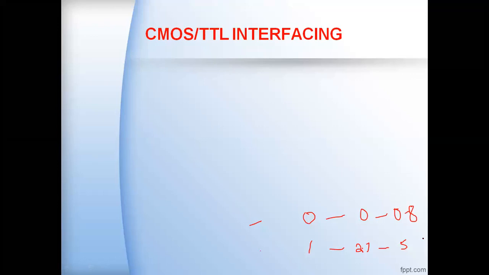When two circuits have different electrical characteristics, we cannot directly connect them. In such cases, we use a special circuit or device which interfaces the two devices or the two circuits.